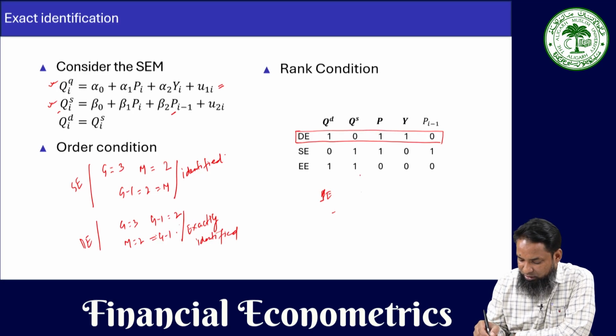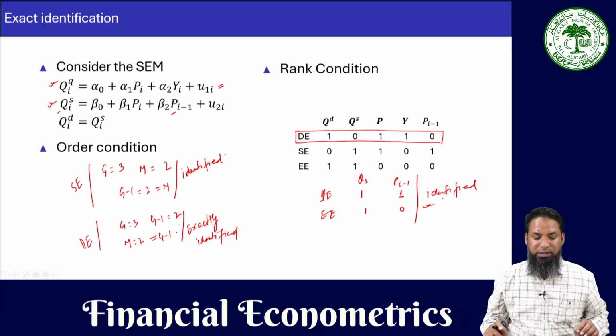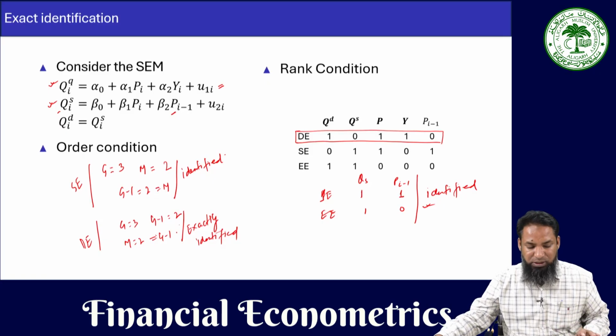Here we have quantity supplied, that is 1, and here P minus 1, that is 1, and in the equilibrium condition we have 1 and here 0. Again, it is identified. So this situation is basically exact identification in both cases here.